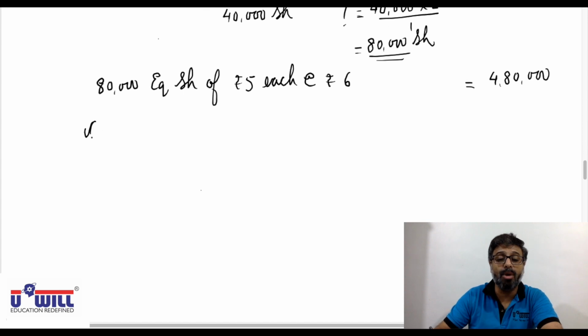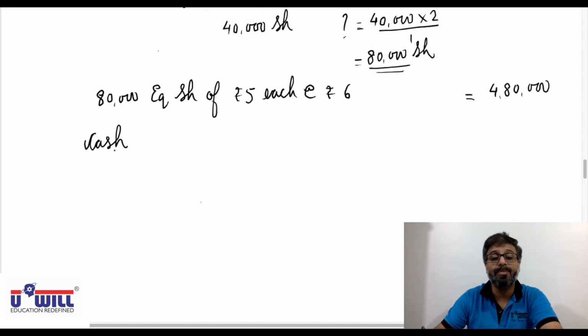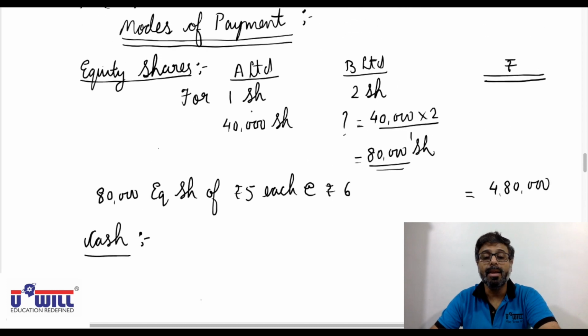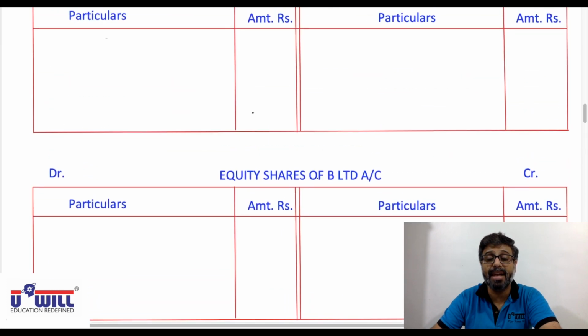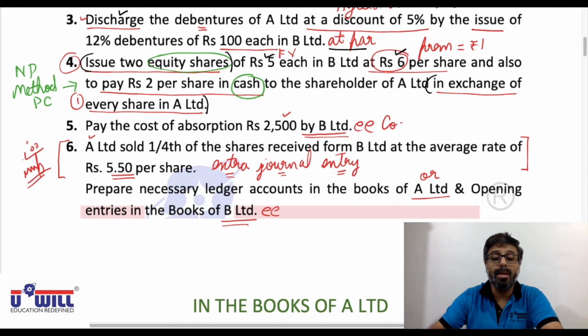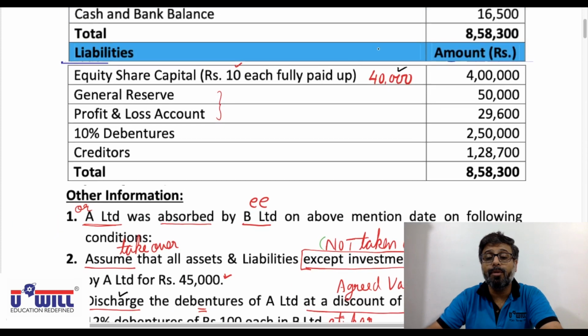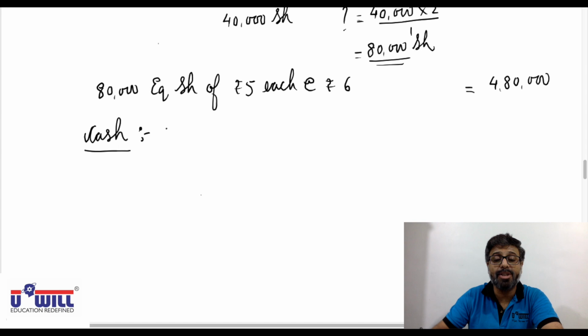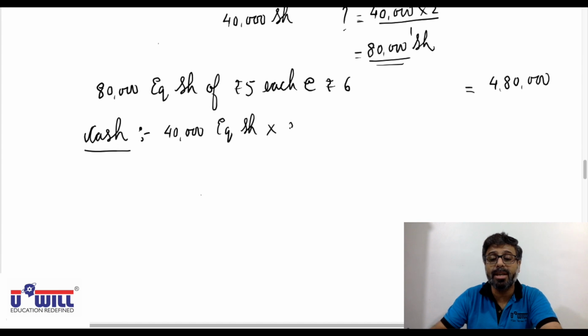Now what is the second mode of payment? Cash. How much cash is given? Let us verify that. Look at the workings: pay rupees 2 per share in cash. 40,000 shares are there, so 40,000 equity shares into rupees 2 per share in cash.